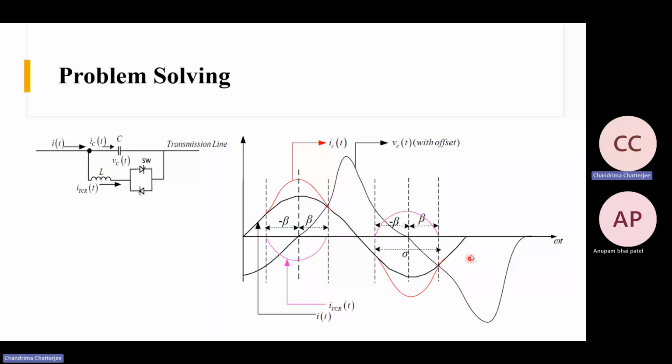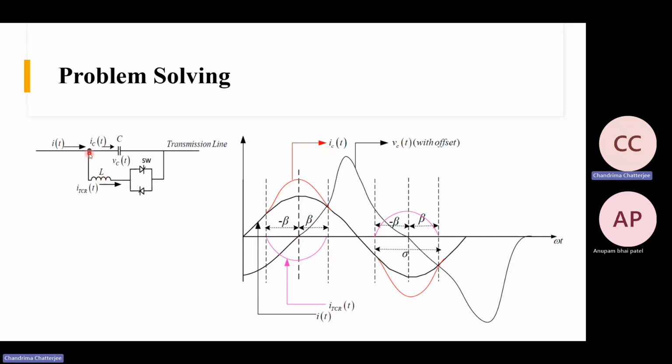Why is the shape like this? Because obviously the thyristors are being controlled and we are varying the firing angle. For some portion they are not conducting, and for some portion they are on. That's why we get this kind of discontinuous current.